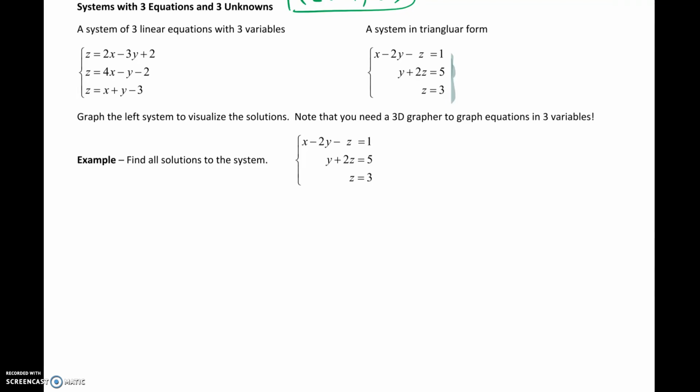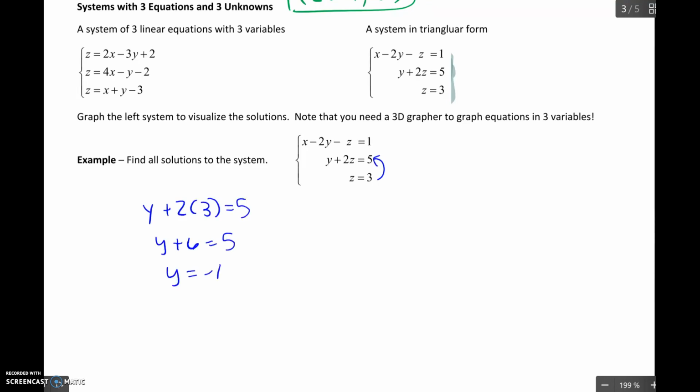So if you know that z equals 3, plug it in to the next equation. So you have y plus 2 times 3 equals 5, y plus 6 equals 5, y equals -1. So now you know your z and your y, and you can plug those in. It's called back substitution because you're going backwards to find all your answers.